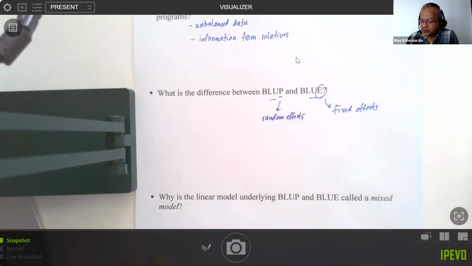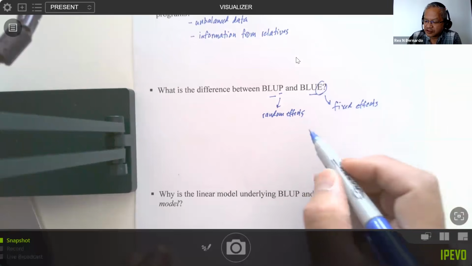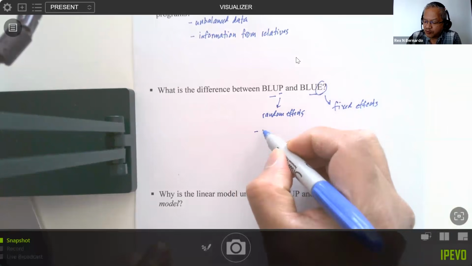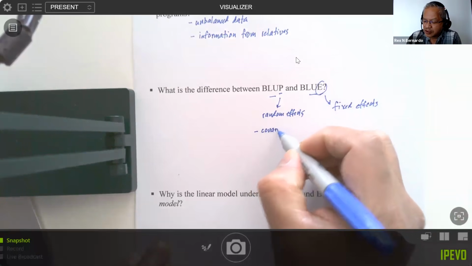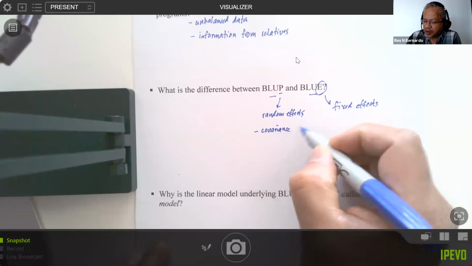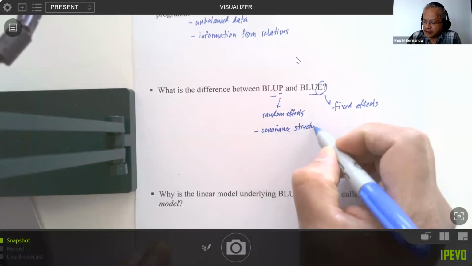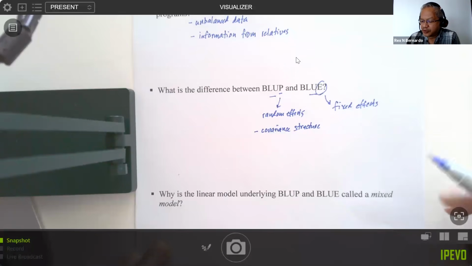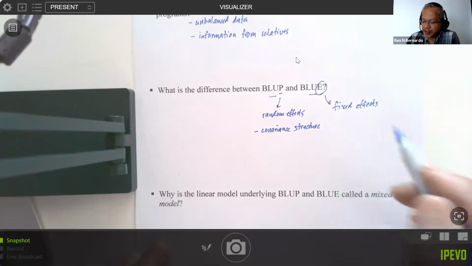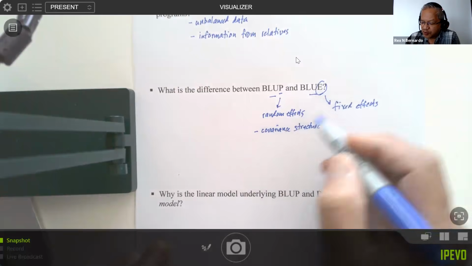And in random effects, as we have discussed earlier in the class, there is a covariance structure among these random effects, meaning that, for example, if we're looking at breeding values, the breeding values of the different individuals are correlated if they are related with each other. General combining ability, specific combining ability, those are correlated with each other among relatives. So if we have random effects, there's a covariance structure.